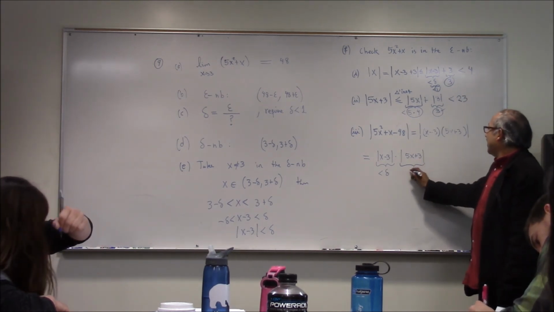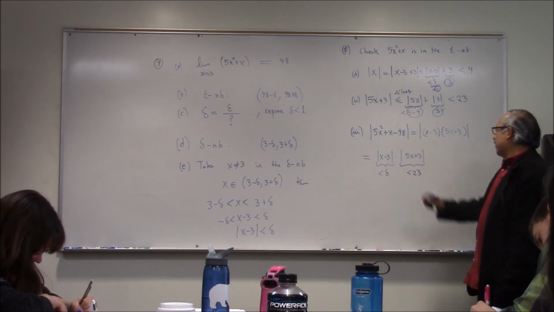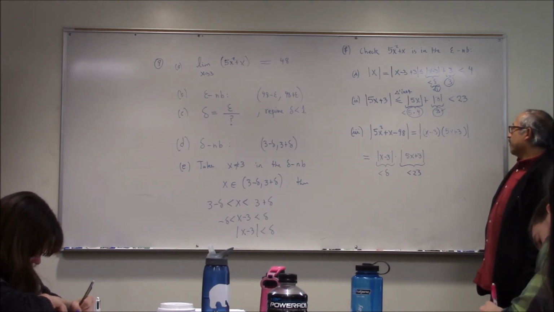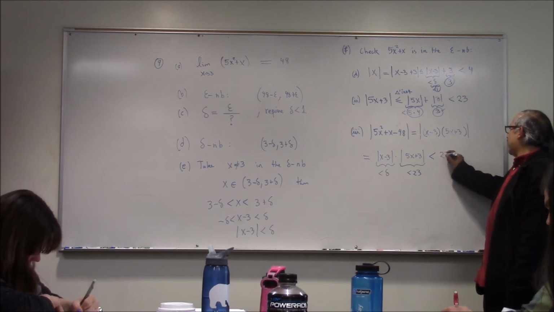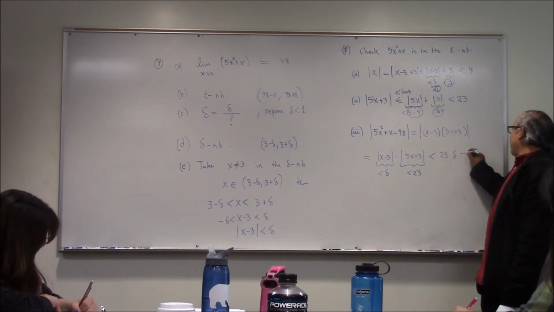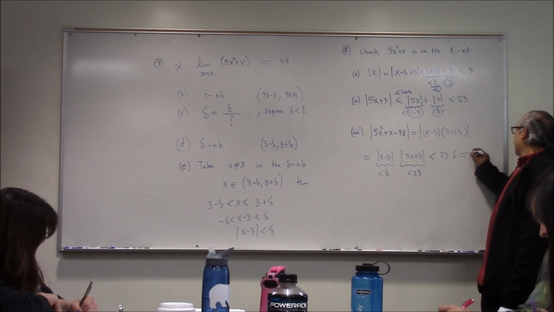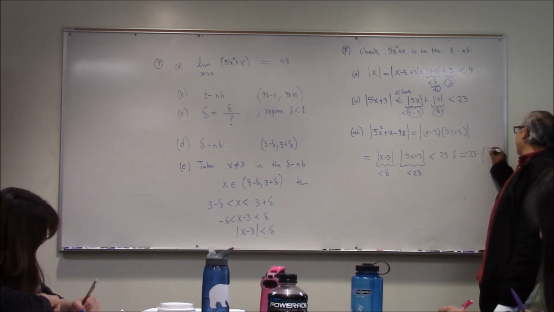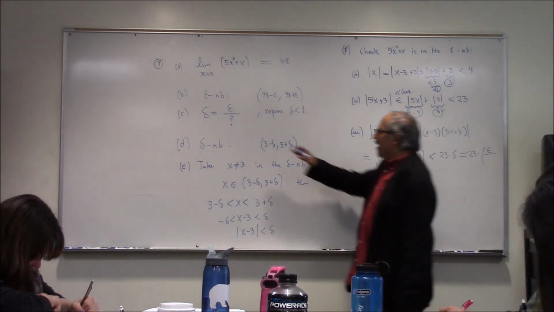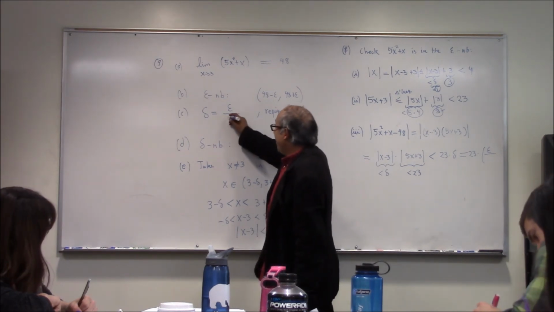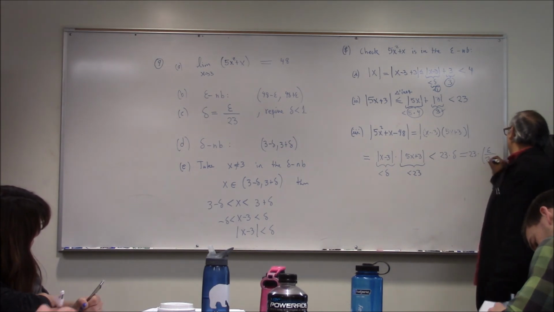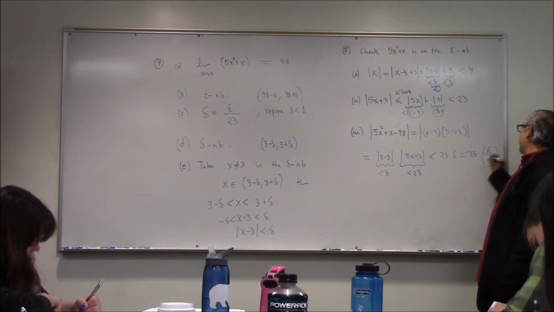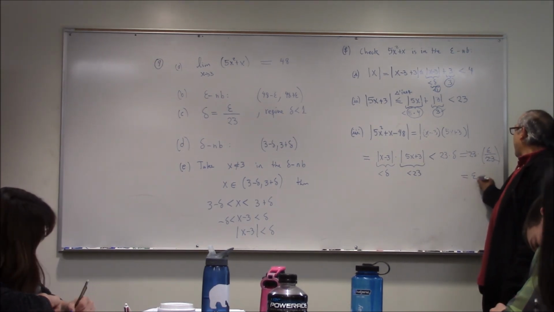So this guy is less than 23, so this is less than 23 times delta. So if I make delta to be epsilon over what? Epsilon over 23. 23 cancels out nicely. And the answer is just epsilon.